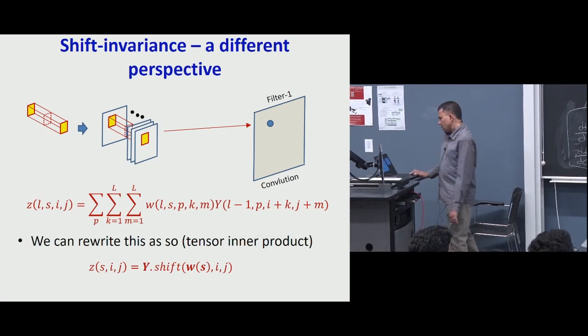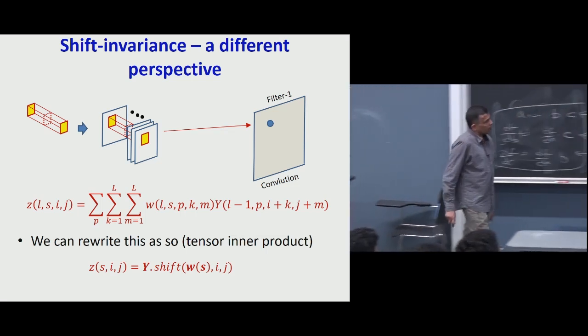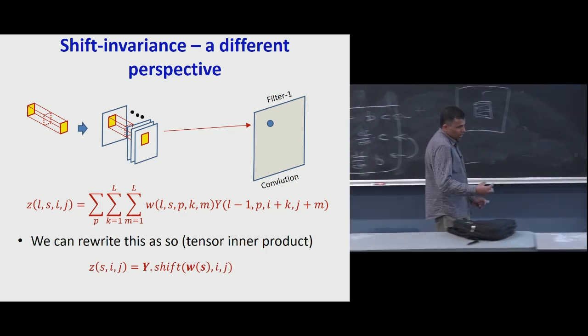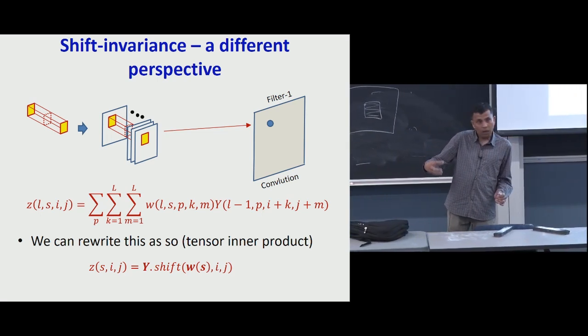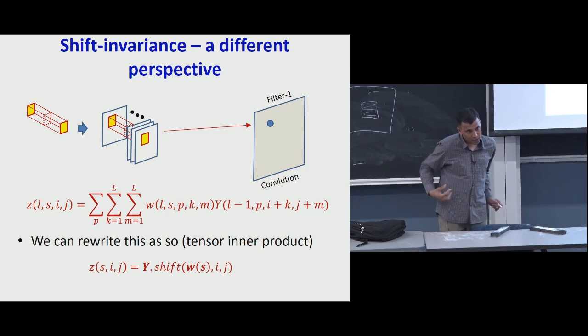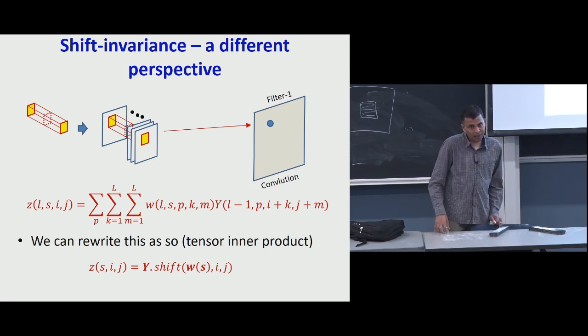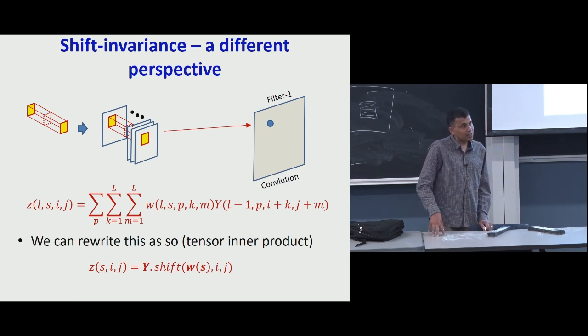Now, a different perspective of shift invariance is that you're looking for a pattern of a specific size, which is shown by your filter, and you're scanning your input, right? Now, if I want to also find the same pattern but of a different size, what would I do? If I think of my filters as the basic pattern that I'm searching for, then what would I do?